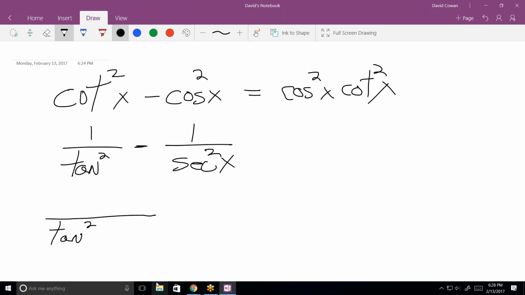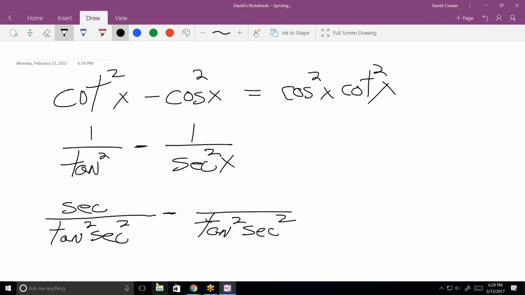Here's my common denominator. This is the best way to do it, actually. Now, I can easily figure out what goes here because it has to equal 1 over tan squared. Well, that's secant squared, right? Now I haven't changed it. You never want to change it. You just want to put something that's the equivalent there. And over here, this has to be tan squared.